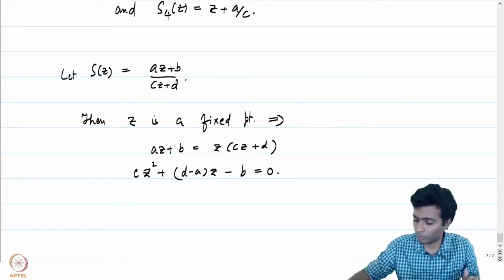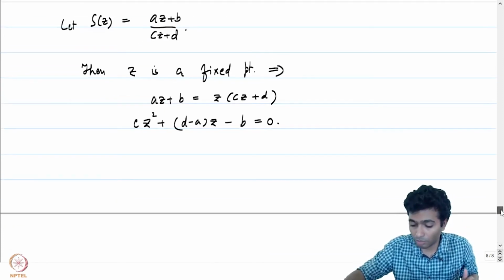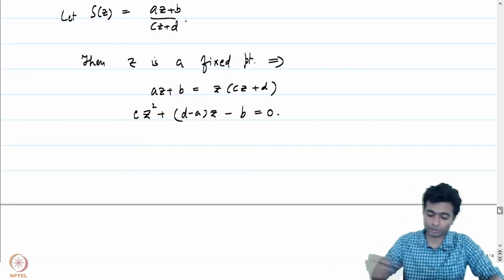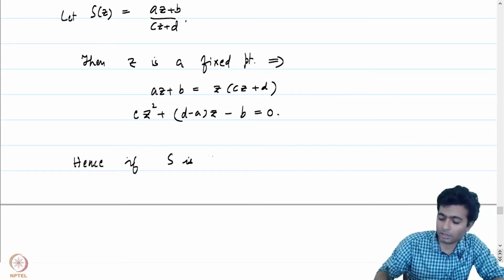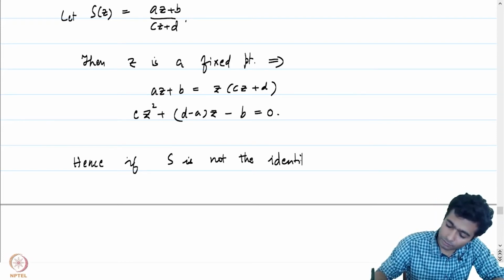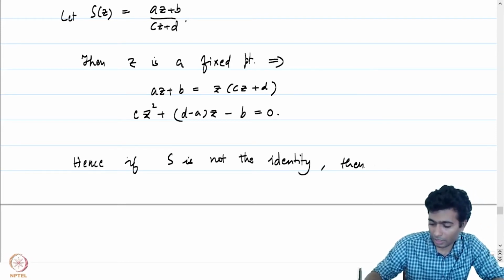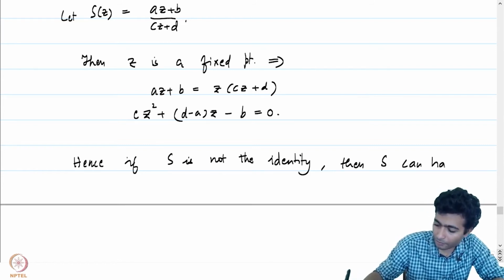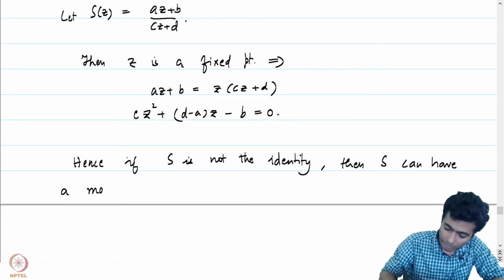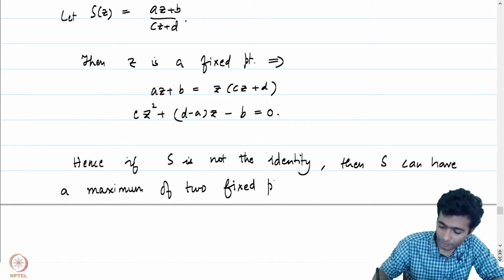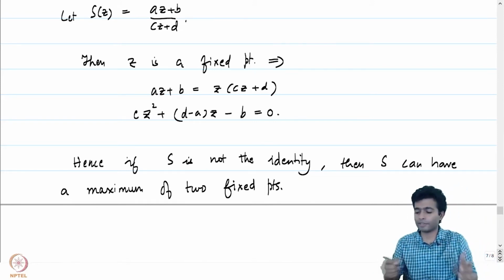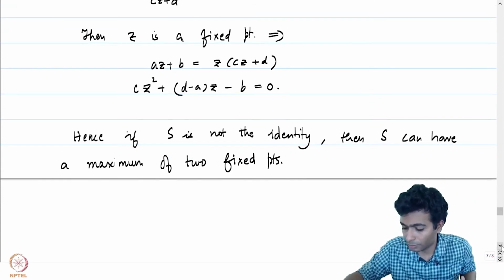And we know that such a polynomial will have a maximum of 2 distinct roots. Hence, if S is not the identity, then S can have a maximum of 2 fixed points. So in particular, if S has 3 fixed points, it's supposed to be the identity map.